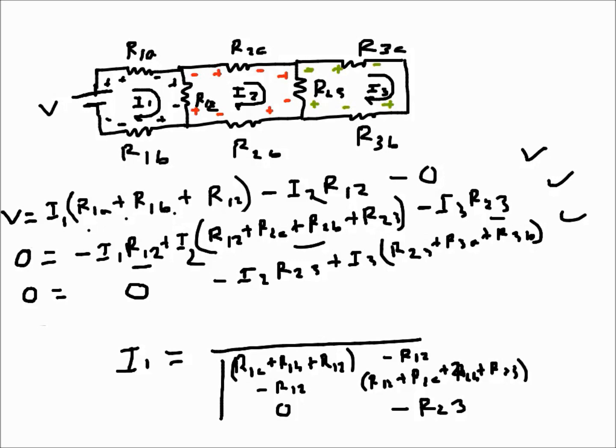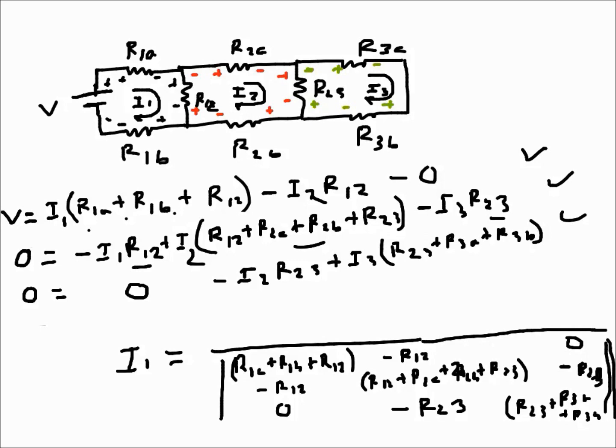Finally, the coefficients of I3, which is 0, then minus R23, and the last one is R23 plus R3A plus R3B. So these are the coefficients.